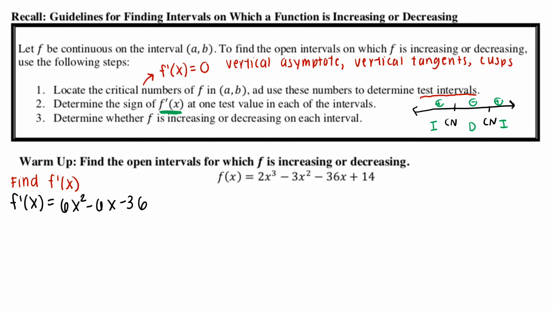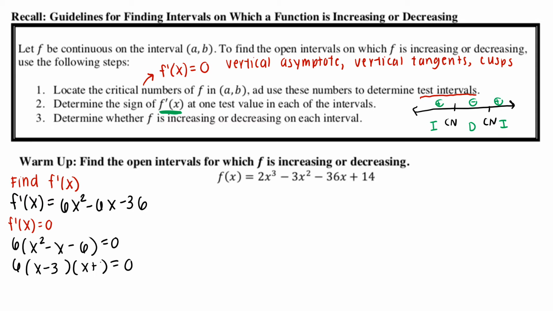From here, we want to locate any of those critical numbers. So we're going to find where our derivative is equal to 0. When we set this equal to 0, I'm going to go ahead and factor out that GCF of 6. So we have 6 on the outside, x squared minus x minus 6 equals 0, which factors of negative 6 that add up to negative 1 are negative 3 and positive 2, so x minus 3 and x plus 2.